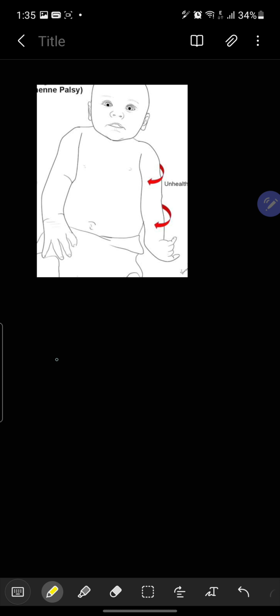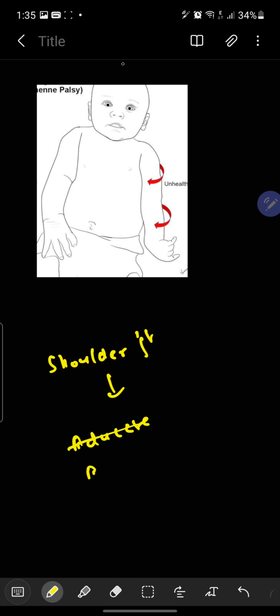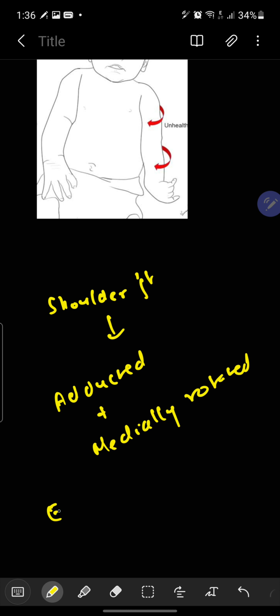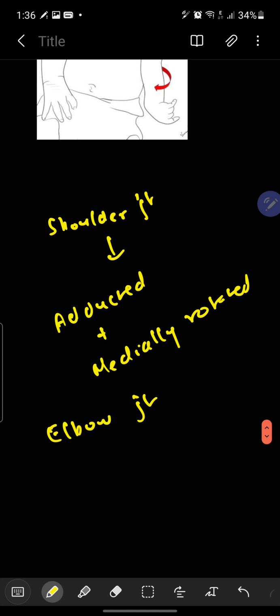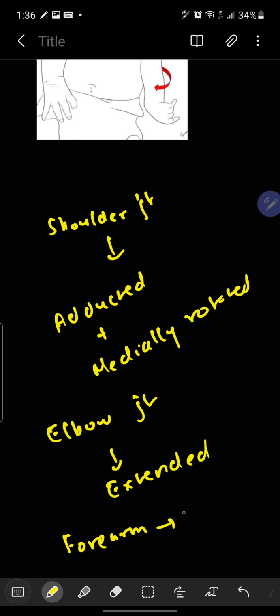Here you can see his shoulder joint. It is adducted plus medially rotated. His elbow joint is extended, and the forearm is pronated.